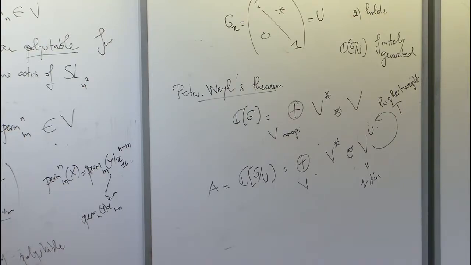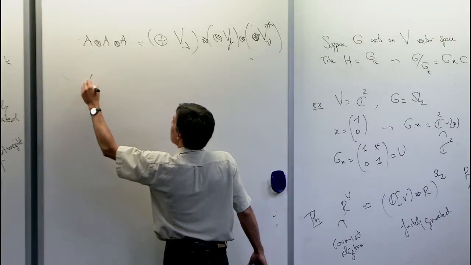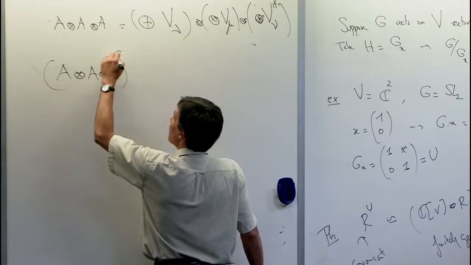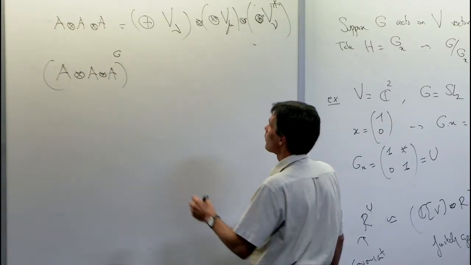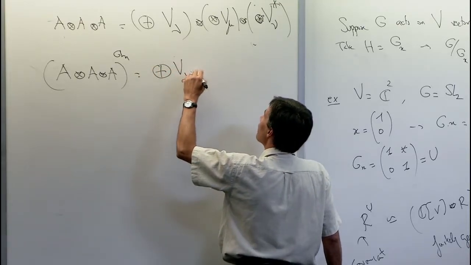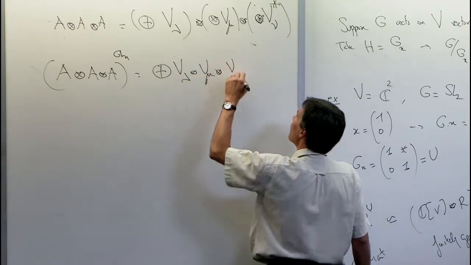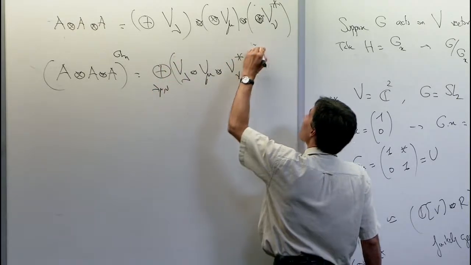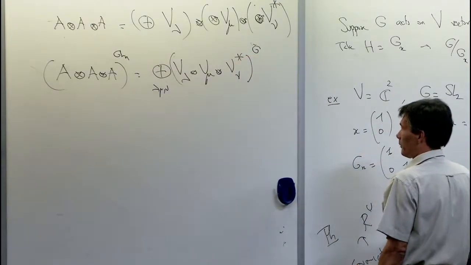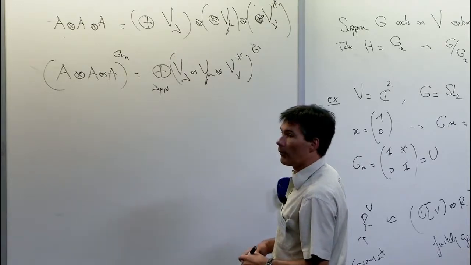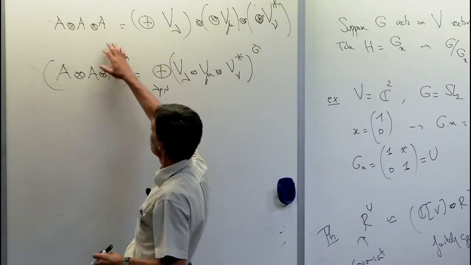I can put duals, it does not change anything, since it's just an involution. Now I can take the invariants in these triples, the diagonal action of GLn.